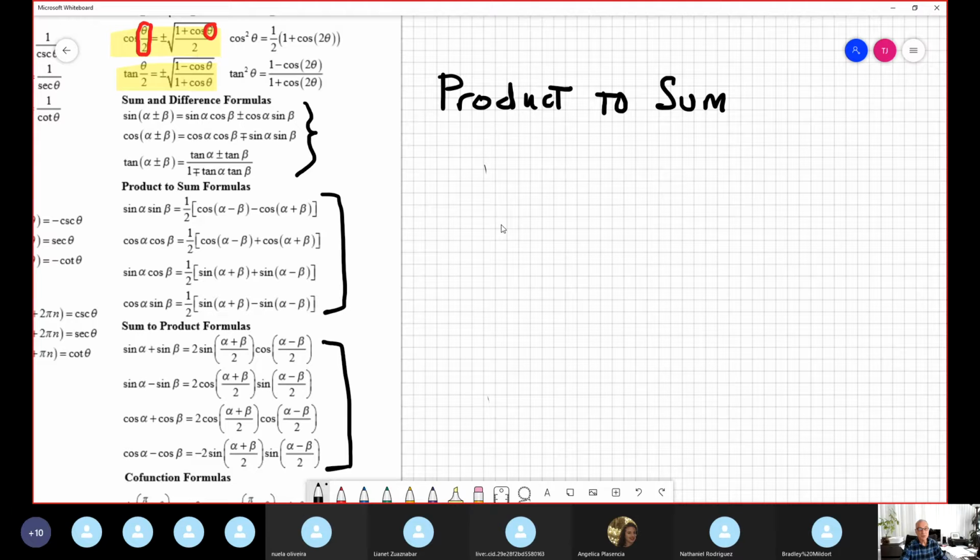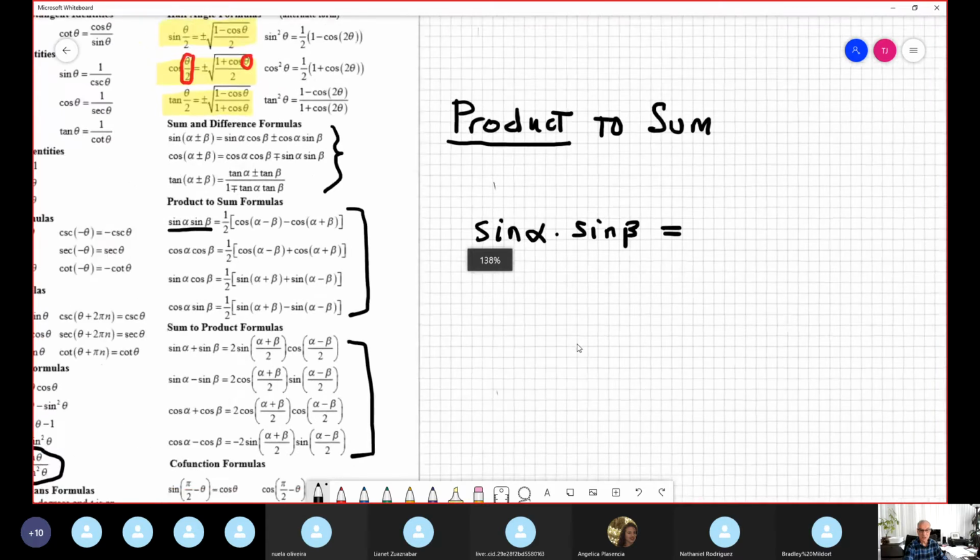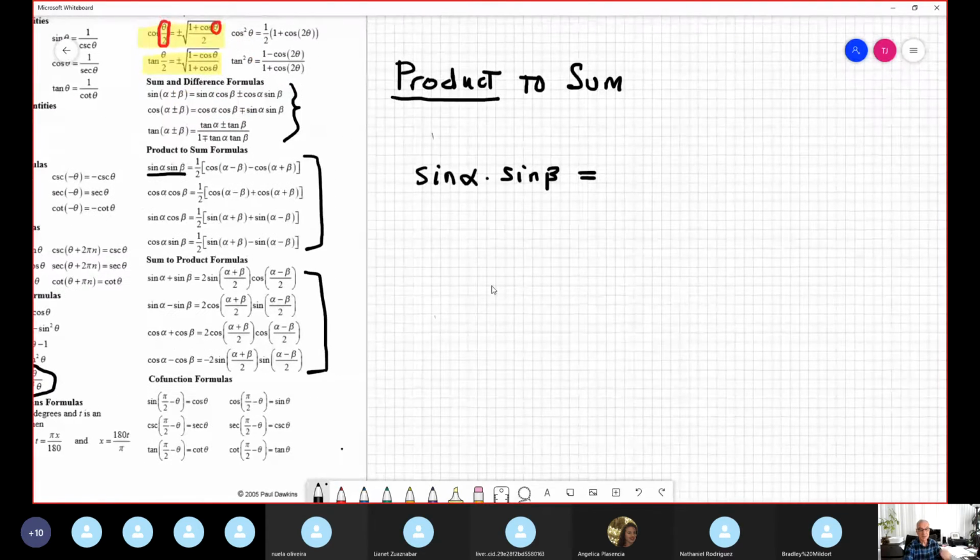So, this conversion, when you have a product, a multiplication of two trigonometric functions. Suppose I want to copy only one. Suppose that you have sine multiplied by sine, sine alpha times sine beta. Alpha and beta are two different angles, no? And it's a product, a multiplication. And you convert, because it's most convenient in calculus maybe, to express it as a sum or difference.